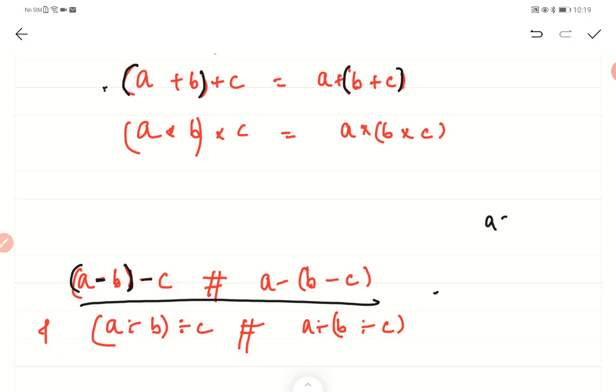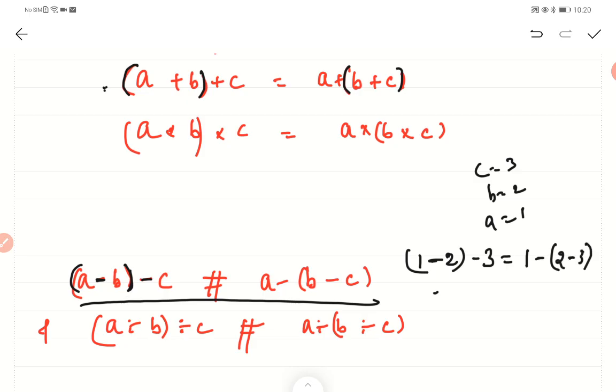Let me take a equal to 1, b equal to 2 and c equal to 3. So 1 minus 2, minus 3. If I just change the bracket, 1 minus of 2 minus 3.